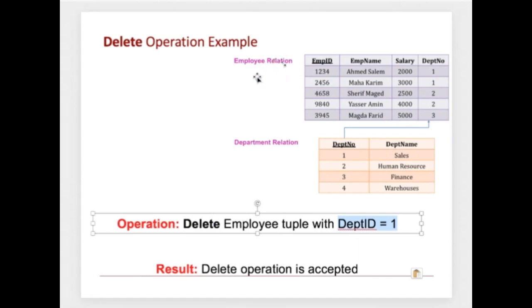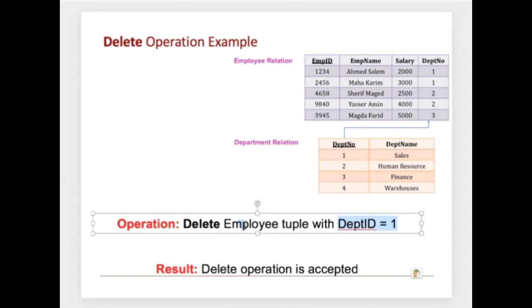This is the first table, employee table. We want to delete the tuples where department ID is 1. You see here, in this first record, department ID is 1, second record, department ID is 1. So it means we want to delete these two tuples.